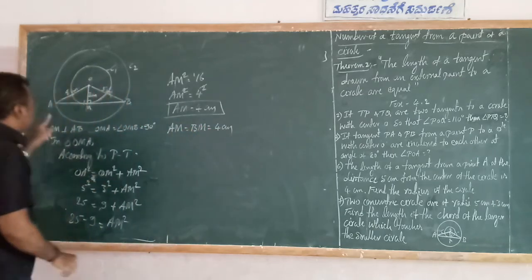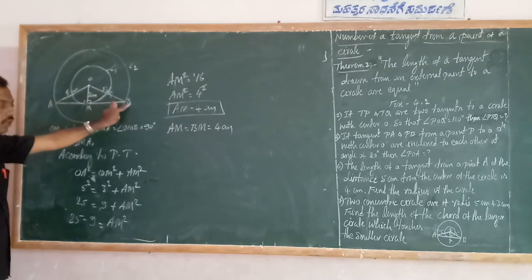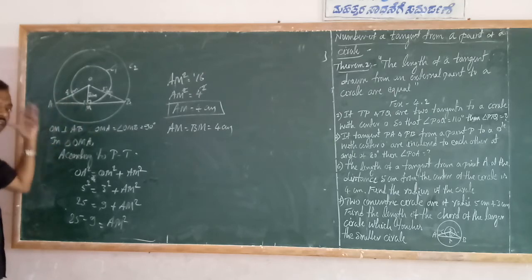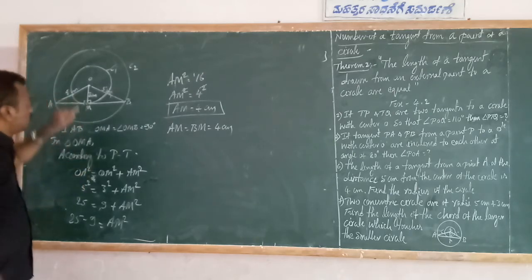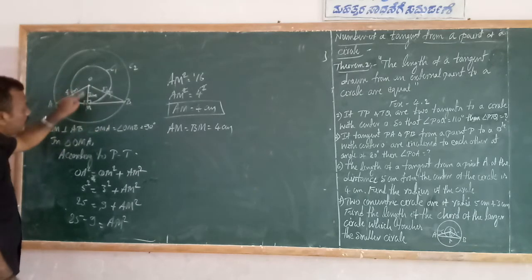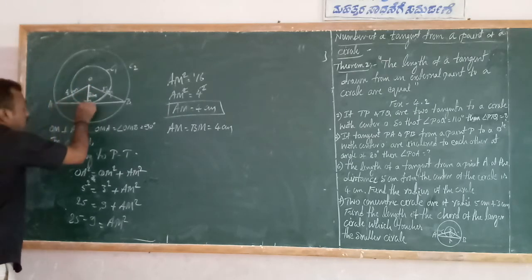Why? Because the line drawn from the center of the circle to the chord perpendicularly bisects the chord. This theorem we already learnt in the 9th standard. When we draw a perpendicular line from the center of the circle to a chord, that perpendicular line bisects the chord.